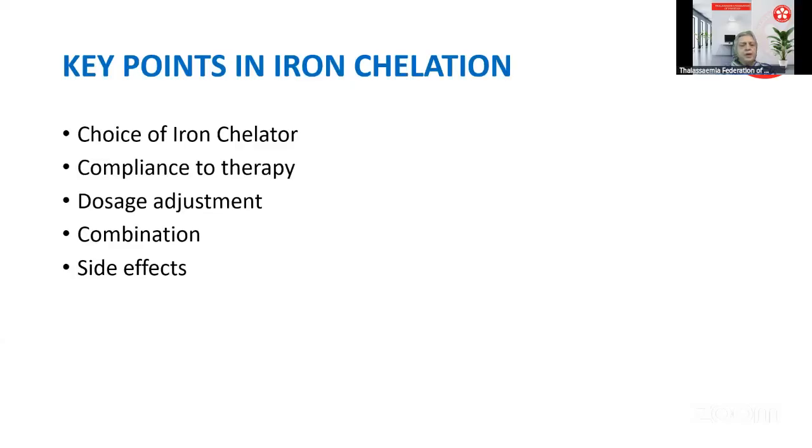Combination therapy has also become now a part of the treatment, and you can try an injectable with oral, or now there are many studies available in which even 2 oral drugs can be used together. Sometimes we have to change the drug because of the side effects of a particular medicine.